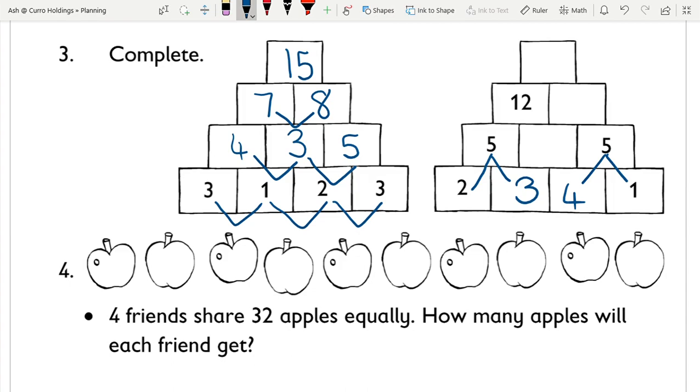Then we can say, what is 3 plus 4? 7. Correct. Then 5 plus 7 is 12. And 12 plus 12 is 24.